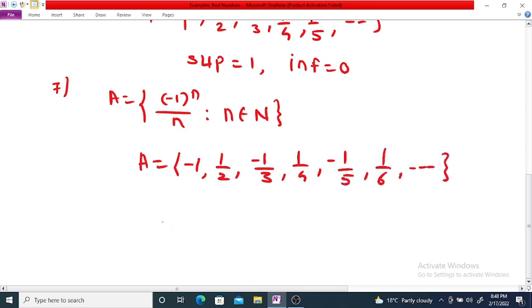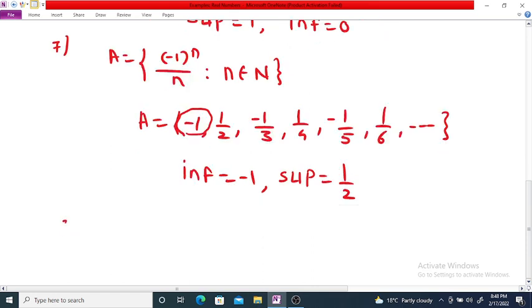So here you can see all these elements are greater than or equal to -1, so the infimum is equal to -1, and all these elements are less than or equal to 1/2, and therefore the supremum of this set is equal to 1/2.